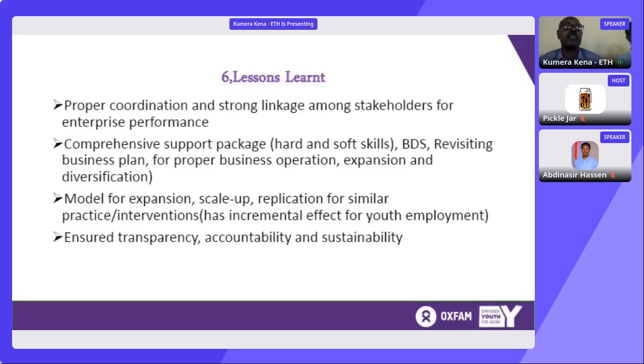This scheme has an incremental impact and will expand the opportunity for users for employment. The other one is that there is a framework established under the scheme, because it was transparently designed in an accountable and sustainable manner. So it is a model for sustainability of the scheme in other related initiatives.